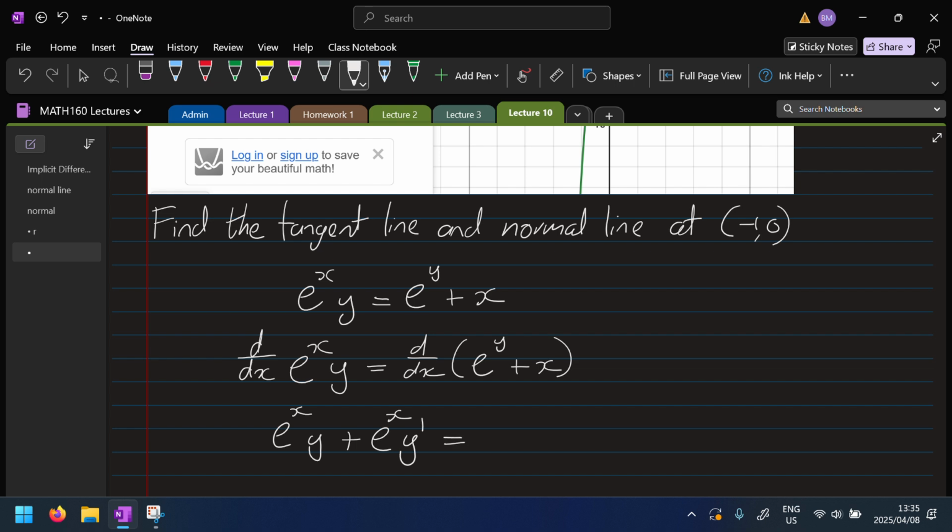Okay, this is equal to e to the y. Remember, that is e to the y of x, so we need to use the chain rule. The derivative of the outside function, e to the y, is just e to the y, times the derivative of the inside function, that's y prime, plus the derivative of x, that is just 1.